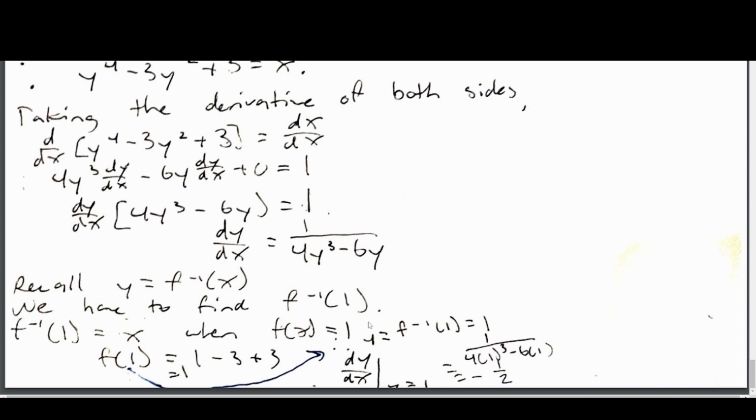So we have y equaling f inverse of 1 equaling 1. Because y equals 1 now, we can plug that value into our implicit differentiation equation. So dy over dx at y equals 1 is equal to 1 over 4 times 1 cubed minus 6 times 1, which equals negative 1/2.